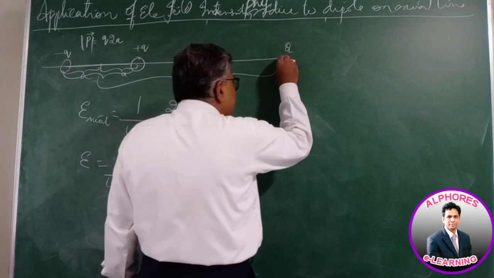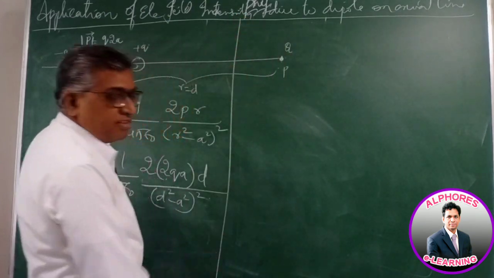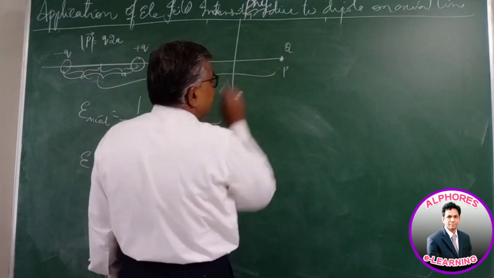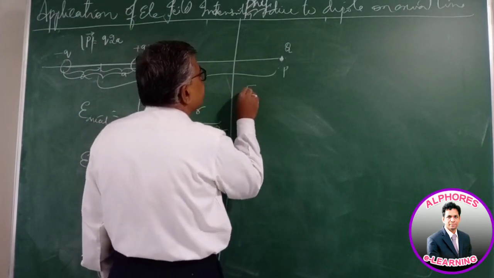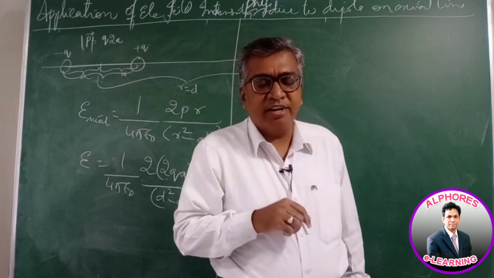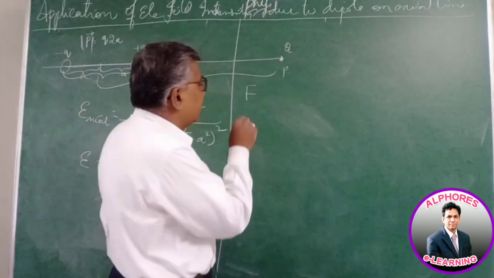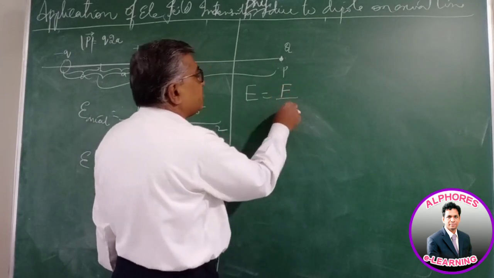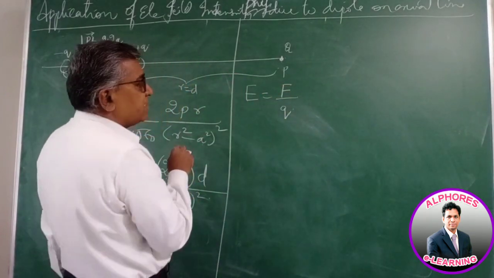Now at this point on the axial line of the electric dipole, a charge Q is placed. What is the force experienced by this charge? According to the definition of electric field intensity, it is the force experienced by a charge placed at that point.